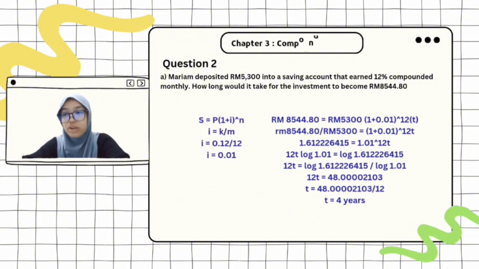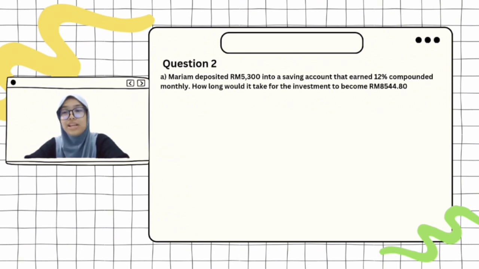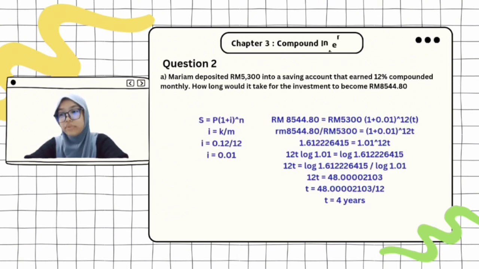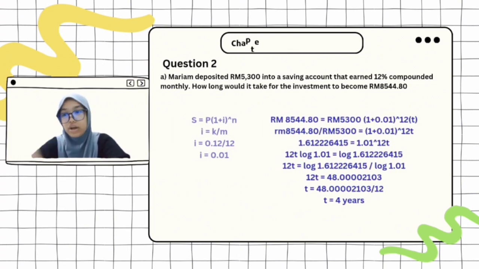Now we are looking for T, so 1.6122 equals 1.01 powered by 12T. When we use the log formula, we get 12T log 1.01 equals log 1.61222 and so on.